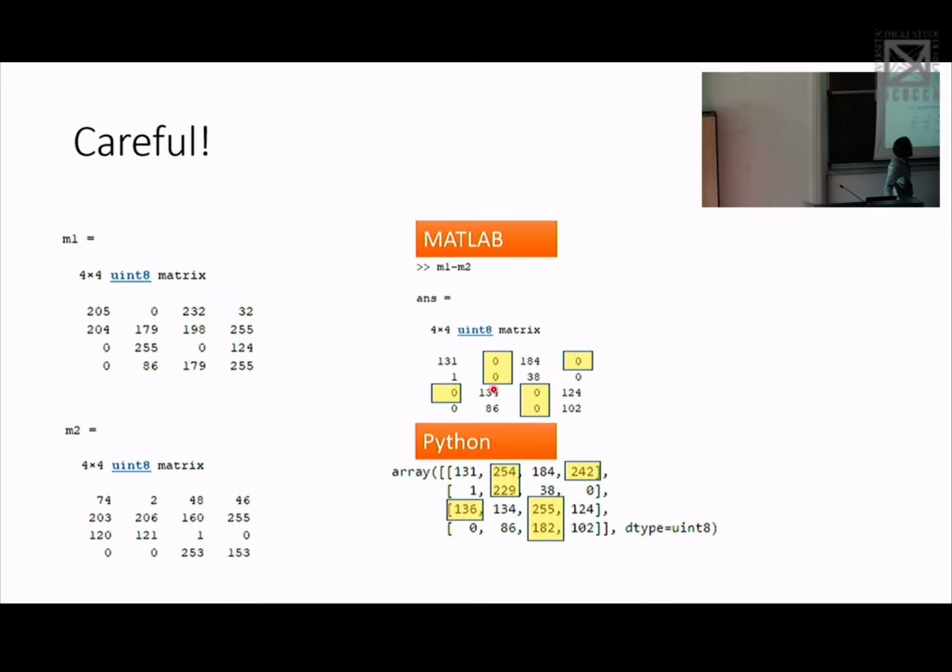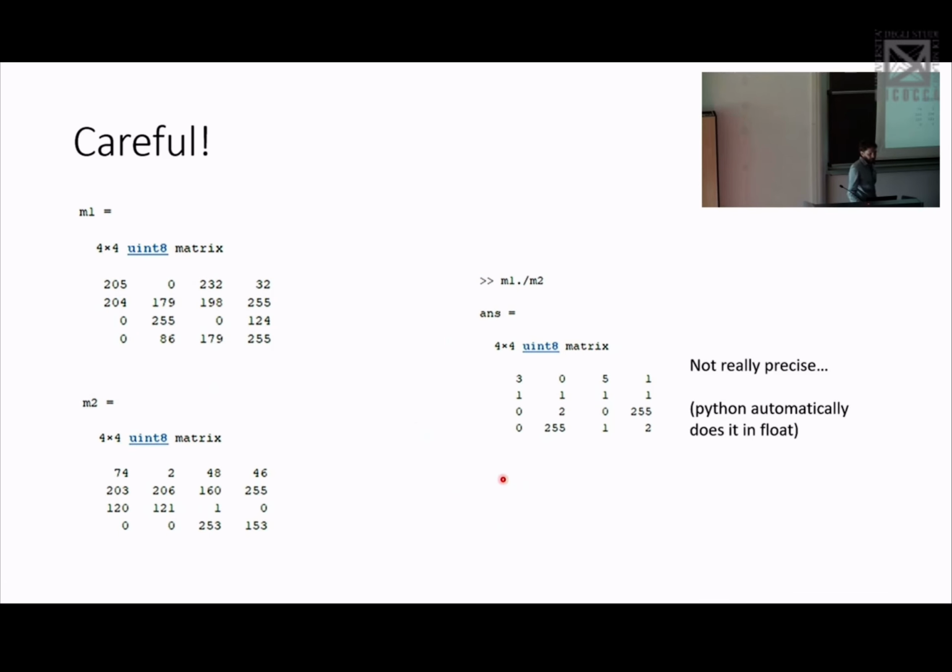So in MATLAB, it truncates to 0. And in Python, it depends on your Python version, actually. You get 254, which is maximum minus 2. So this is not something you want. If you have to do a division, this is what you get.